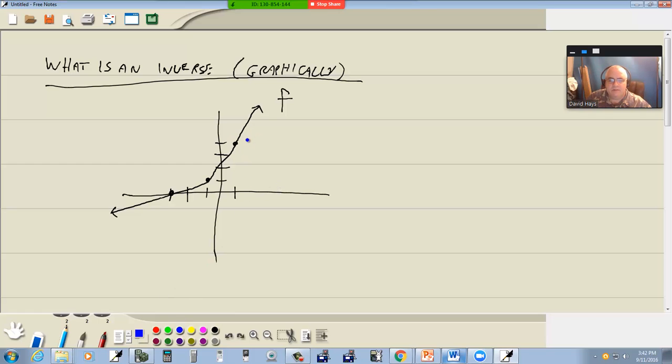This point right here is 1, 4. This point right here is negative 1, 1. And this point right here is negative 3, 0.